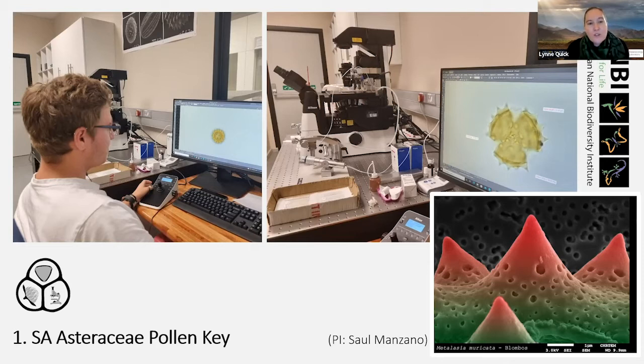So if we are able to discriminate the different types of Asteraceae to a genus or even potentially a species level, we can really manage to mine old sequences and new sequences for much higher ecological detail that we can gain from that.